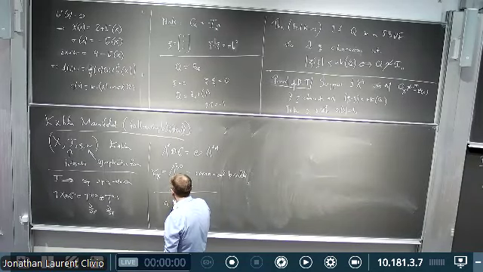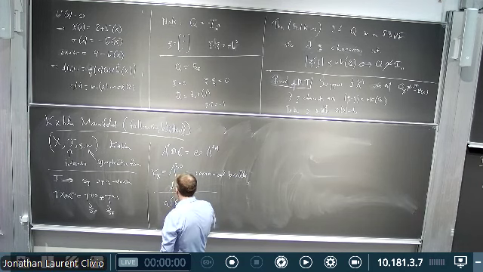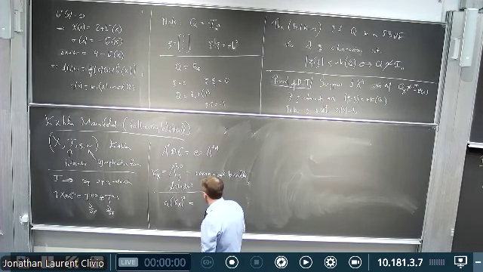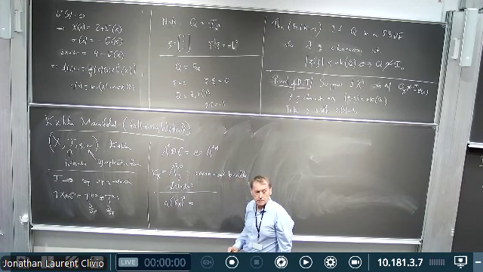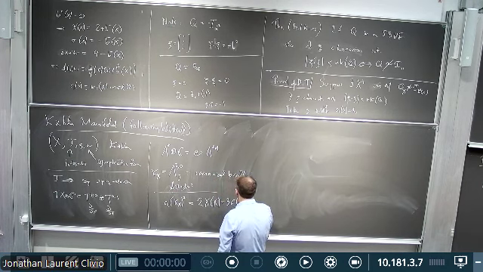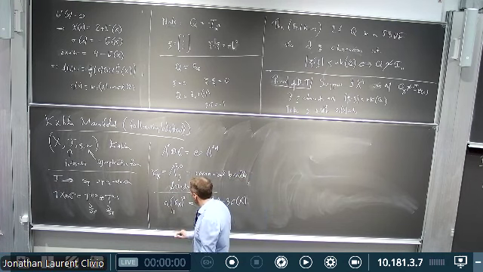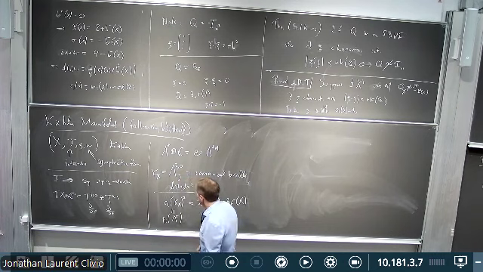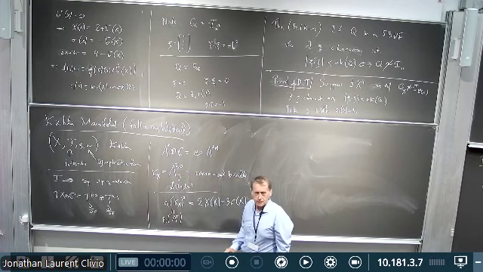A few interesting facts: if I look at c1 squared of K_X, what is it? It's 2 chi plus 3 sigma. And by the way, for the algebraic topologists, this is the first Pontryagin class of Lambda plus.